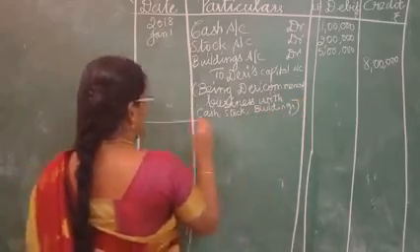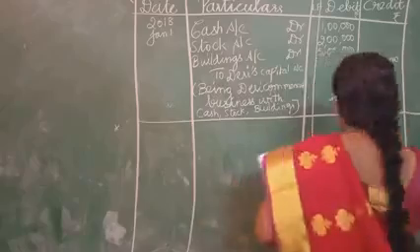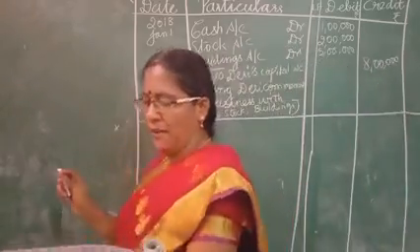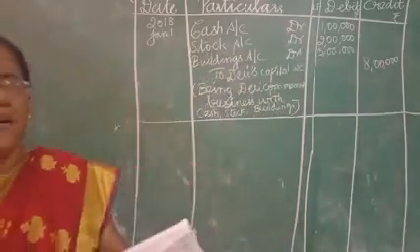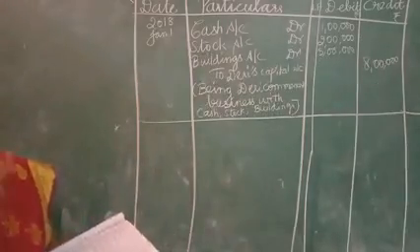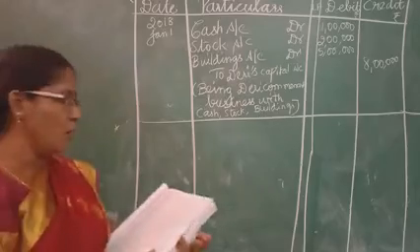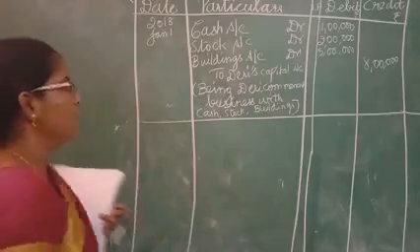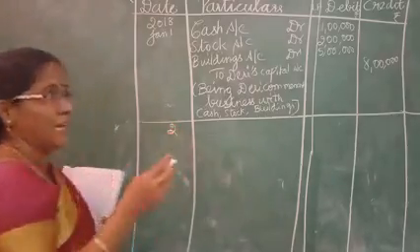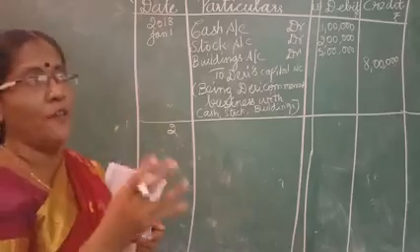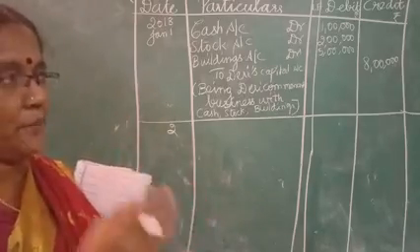Next one, the exchange. What is the entry? Purchased goods from A and Co on credit. Purchased goods, we can take purchases. Purchases and A and Co, two accounts are coming. How can we identify a nominal account?